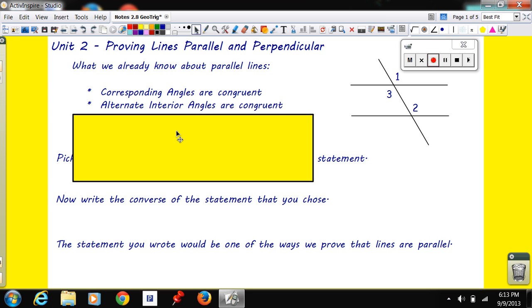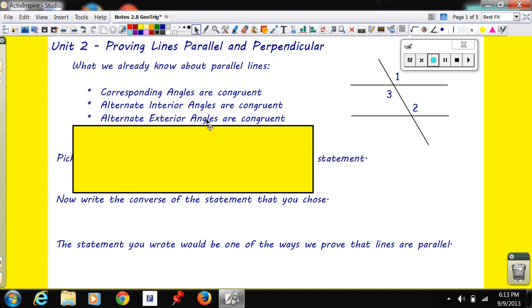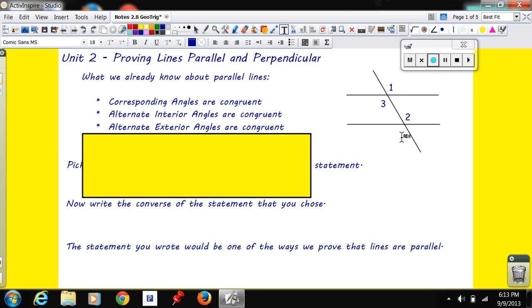We also know that alternate exterior angles are congruent. So if I was to put an angle 4 down here, you'd have 4 and 1 are congruent. So let's recap. Our corresponding angles were 1 and 2.